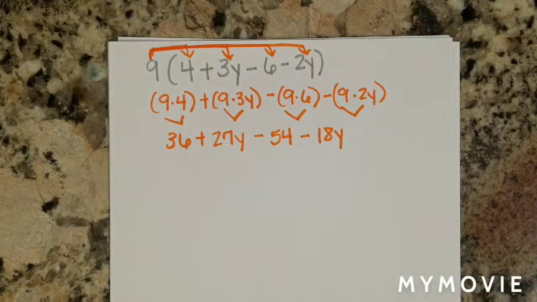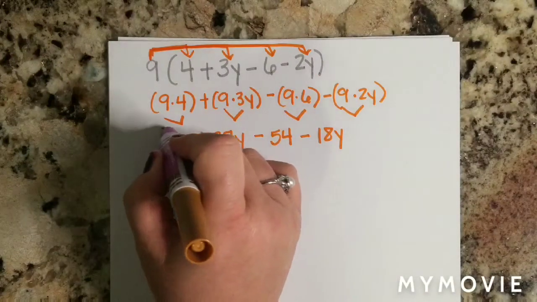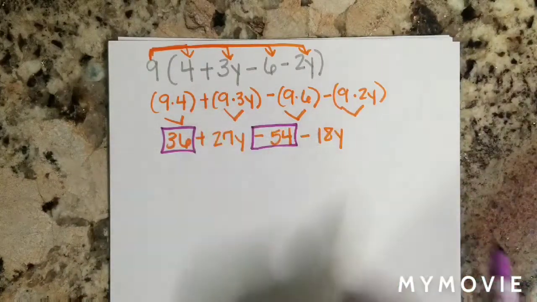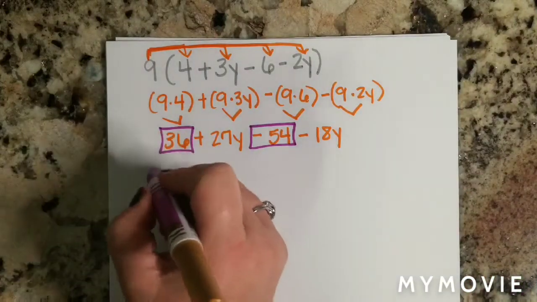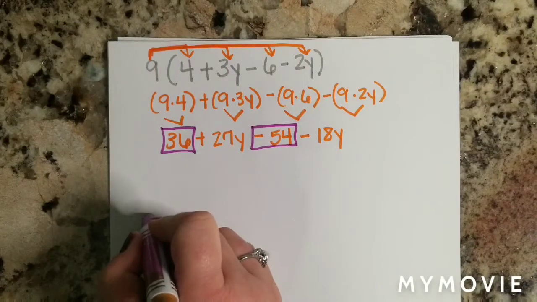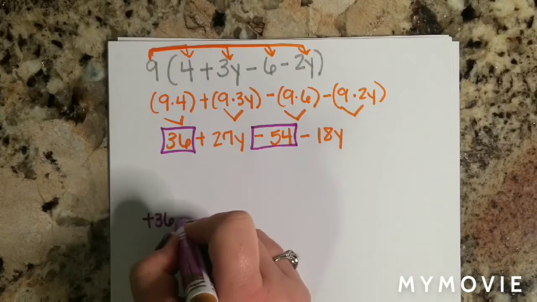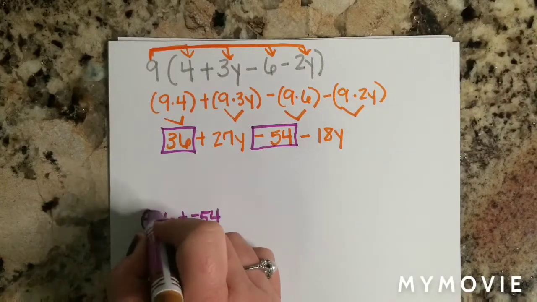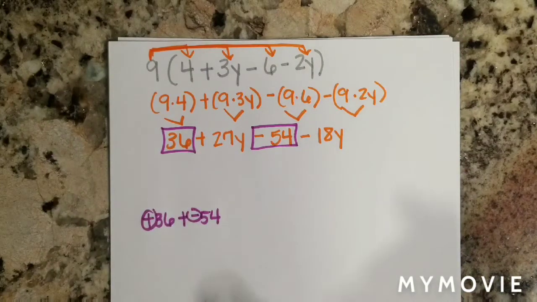Now, I can look for like terms. So I have positive 36 and negative 54. So I'm going to come down here. If I have positive 36 plus negative 54, the signs are different, which means I'm going to subtract.